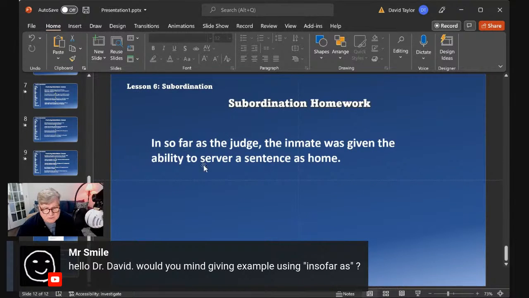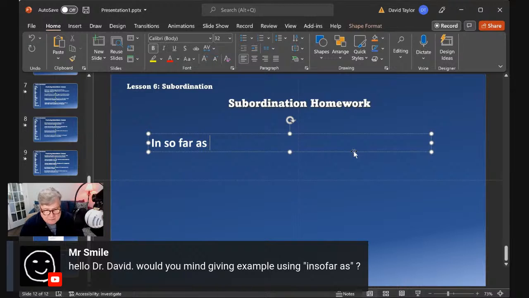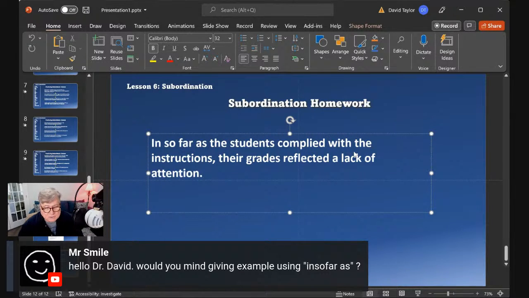Insofar as is the same as to the extent that. Insofar as the students complied with the instructions, their grades reflected a lack of attention. And you could do the same thing with to the extent that, because they both mean the same thing.